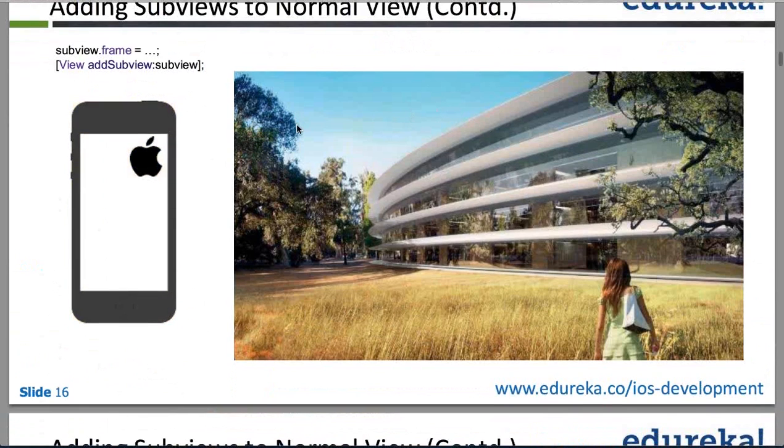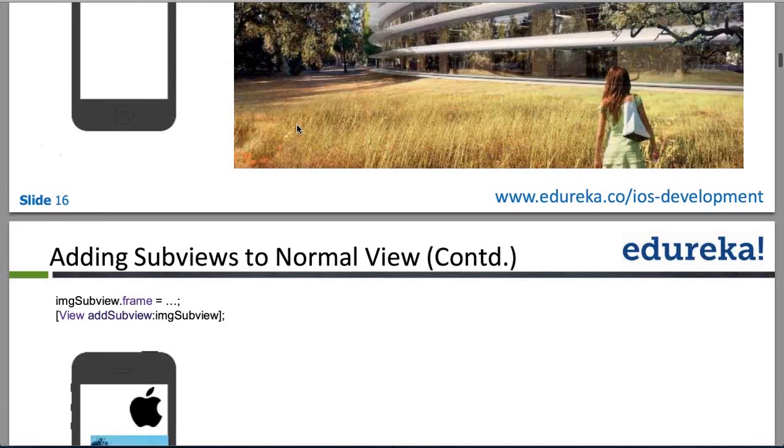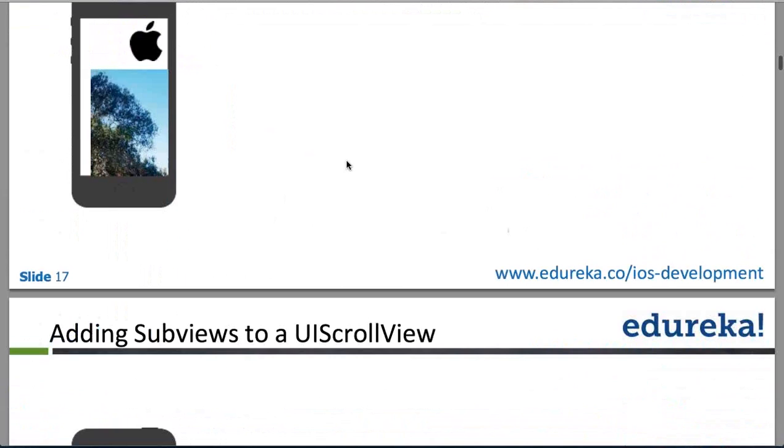So if I add that image view, you will not be able to see the complete image. This will be the image shown unless you are compressing that image and showing it on your screen, like whatever we have done.